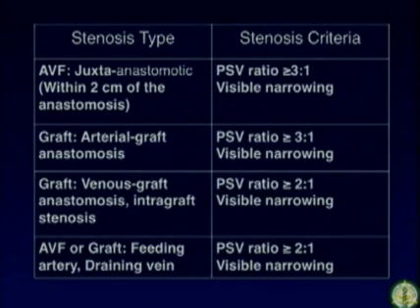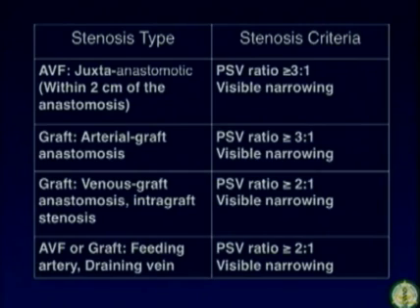The only place in the graft that this doesn't apply that I've been fooled at is near the apex of the graft in a forearm loop graft or perhaps in an upper arm loop graft. Sometimes the most caudal portion of that graft, as it loops around, can do a little kinking. It's questionable.